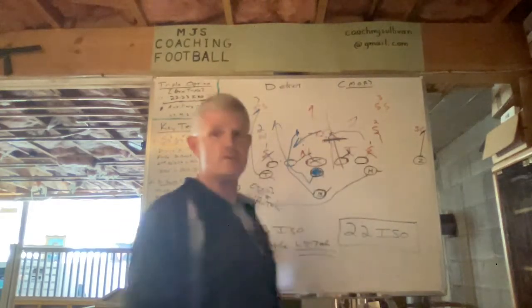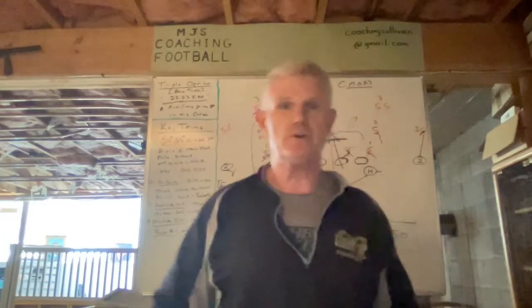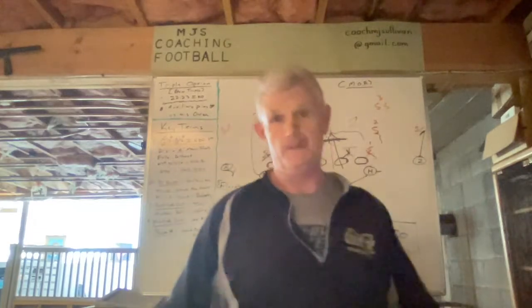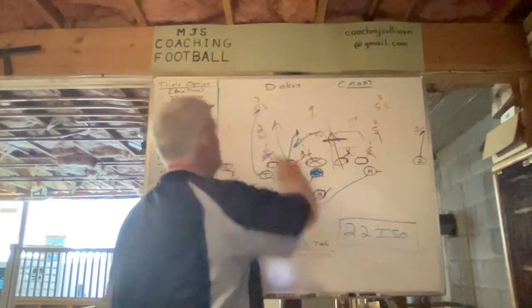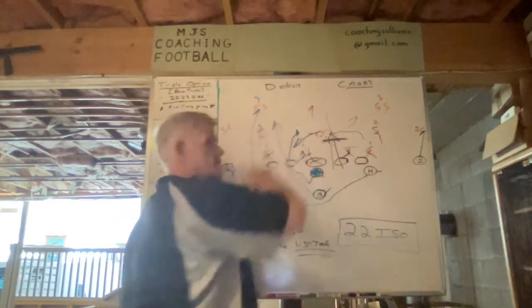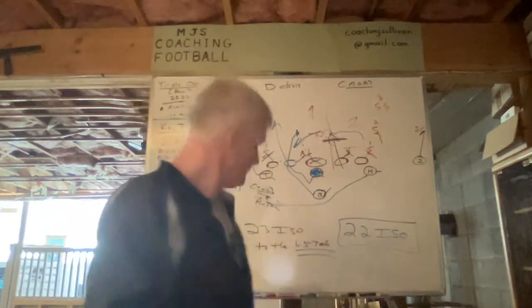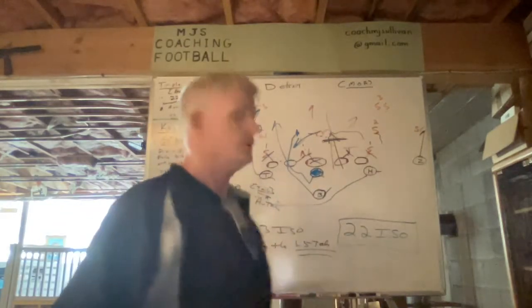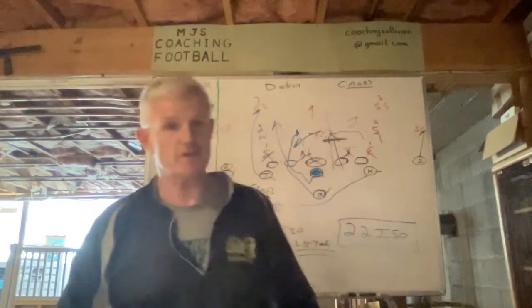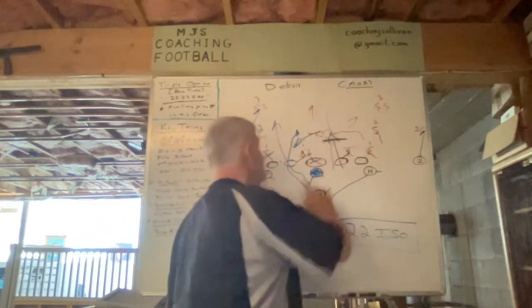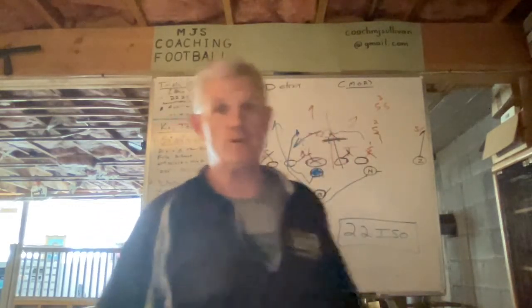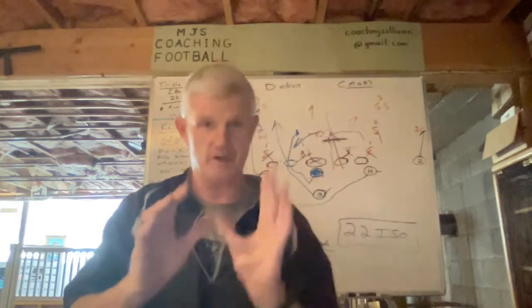Him and the 5, those two guys are the ones who play the dive. Okay, and the 2, the will in this case, and the free, they got quarterback pitch. Okay, so it's a guarantee. He's got Mike linebacker when you run into the 1 and the 5. Okay, to answer that question.